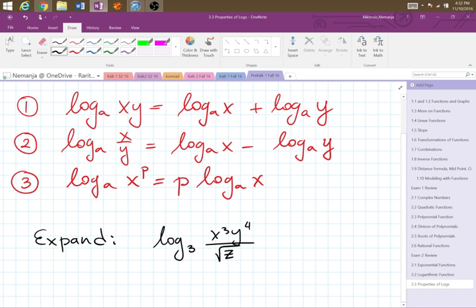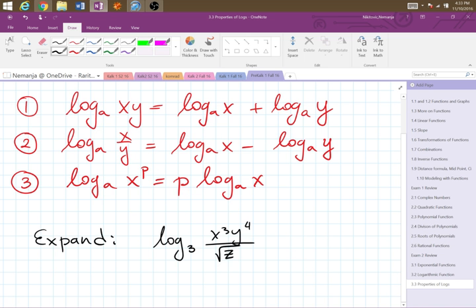All right. So how do we expand this? Well, we are using these rules. You see one multiplication and one subtraction.